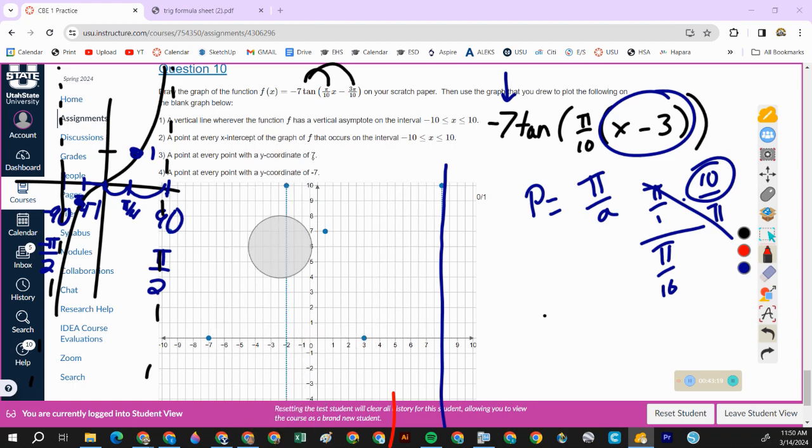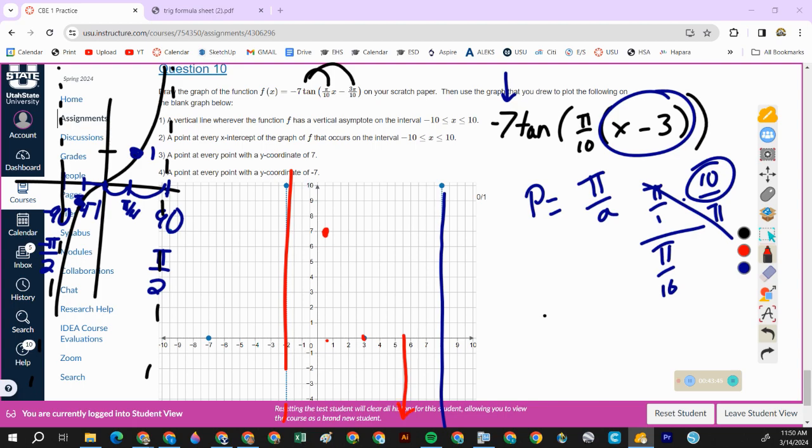If these are my asymptotes, normally the graph would look like this. The halfway point is at 1, and the halfway point is at negative 1. But I'm going to flip it upside down and make it 7 times taller. So this halfway point now becomes 7, and this halfway point is going to be negative 7.